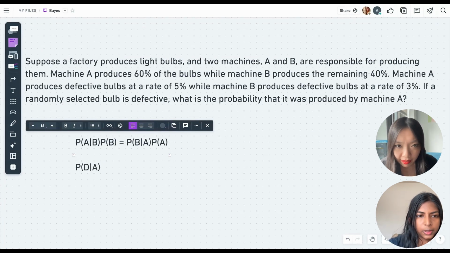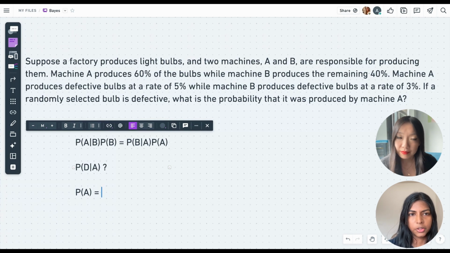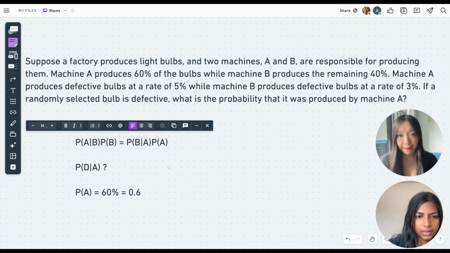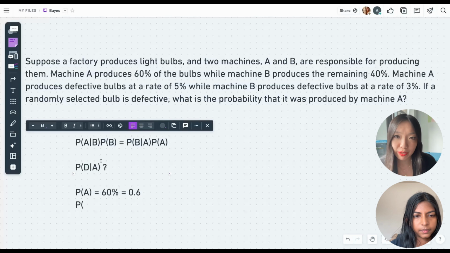Could we write out what each of the events are? Yeah, so this is what we need to find out. And in order to do this, we need P(A), which is the probability that the bulb was produced by machine A, and that is 60%. So that is equal to 0.6. Do you mind writing out what each of the random variables represents, like A, B, and D? Oh, yeah, sure.